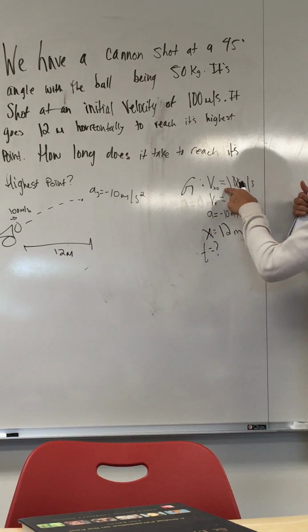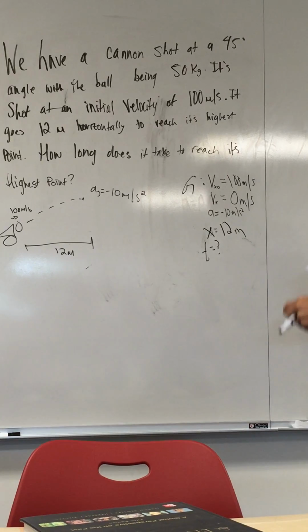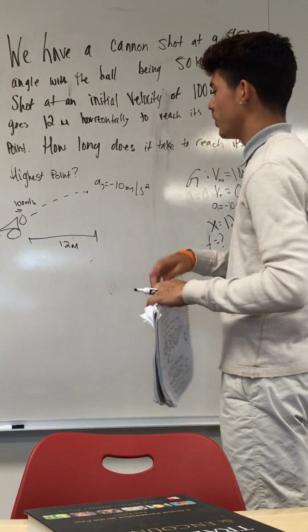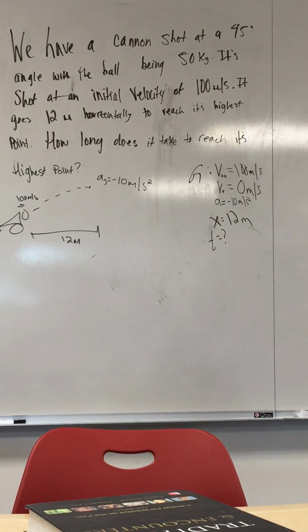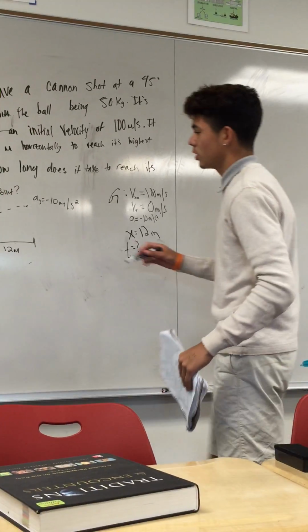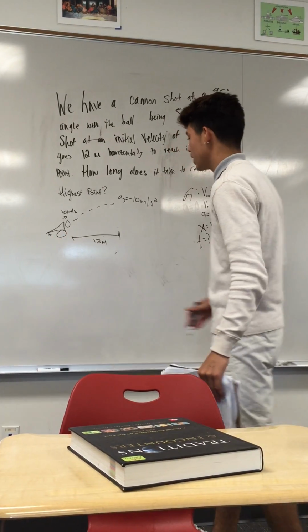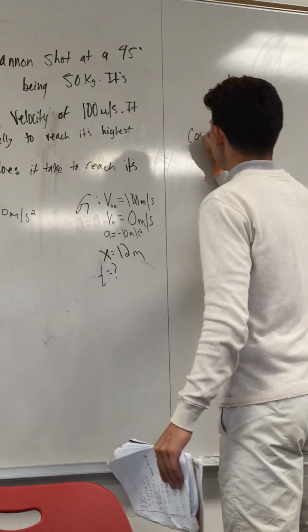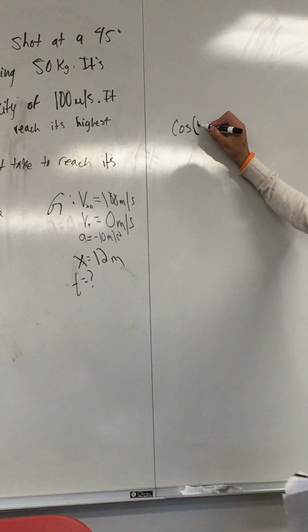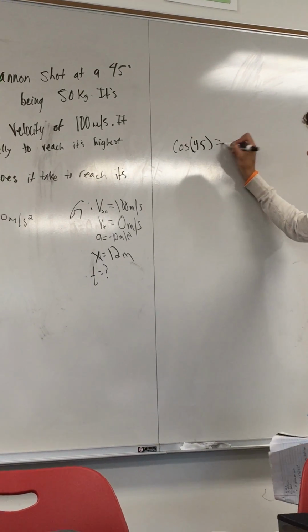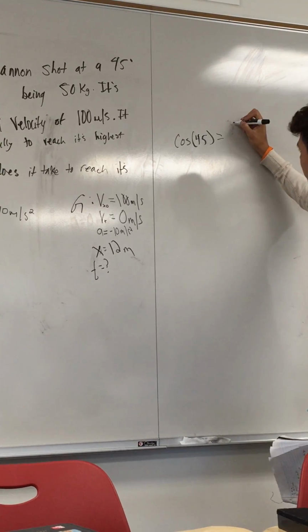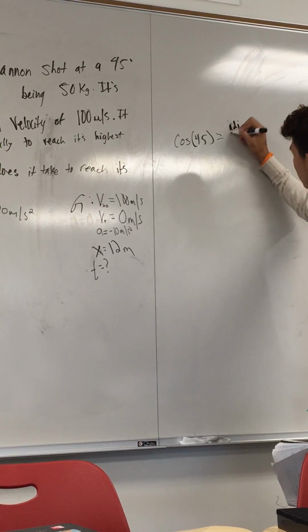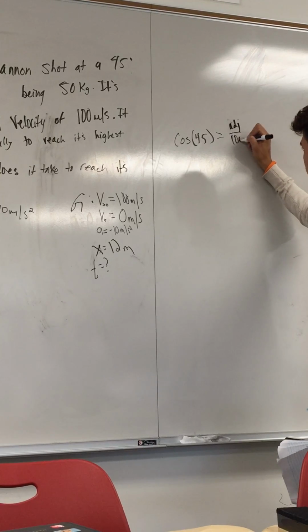But actually this is not the initial velocity, because that's the velocity that it's shot at. We need to find the initial velocity in the horizontal direction. So we go over here and since it's over here, we do cosine 45 equals x, which is adjacent, over hypotenuse, which is 100.